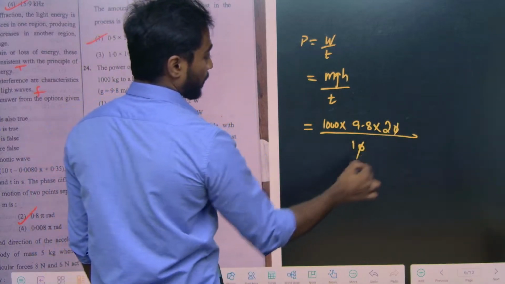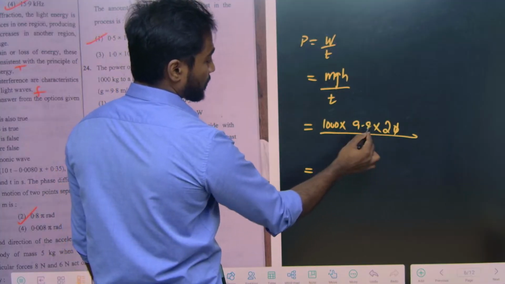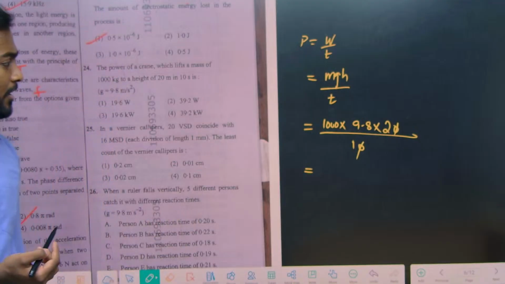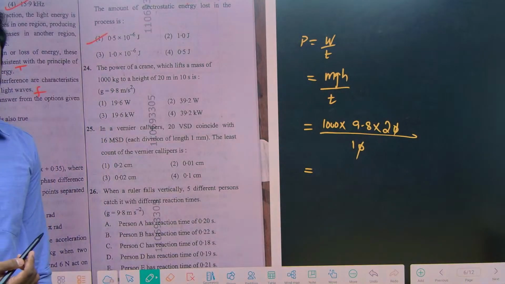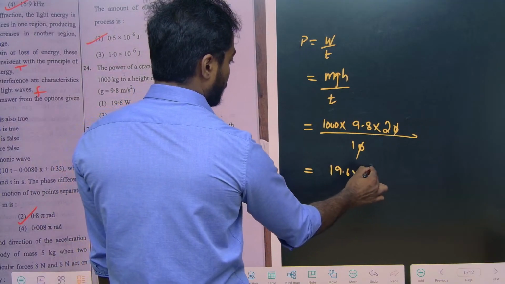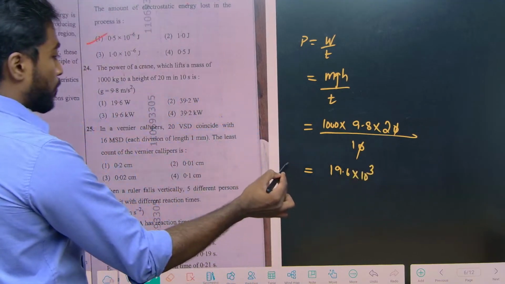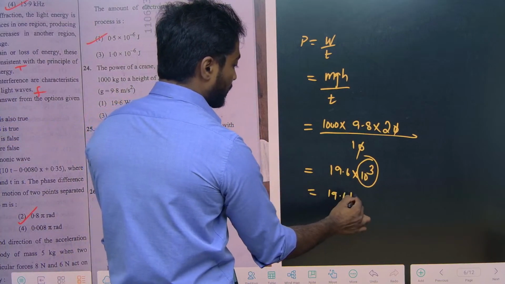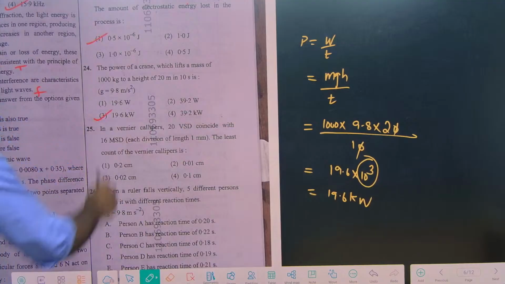The 10 and 10 get cancelled off, and this is 98 times 2, which is 196, so 19.6 into 10 power 3. This is kilo, so 19.6 kilowatt, option 3.